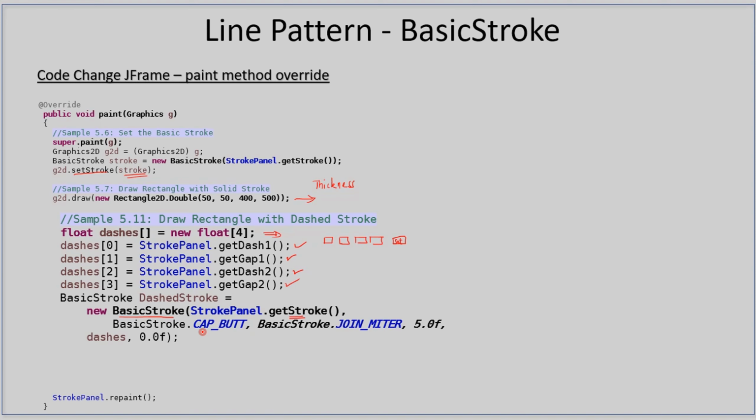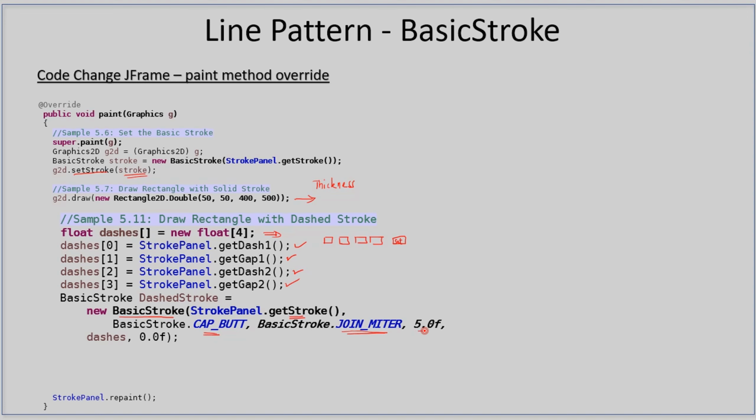Then we are passing a member, CAP_BUTT. This is a constant, passed as the second parameter. This tells how the stroke line edges will appear. After that, the join type, we are taking it as JOIN_MITER. We will see that soon.